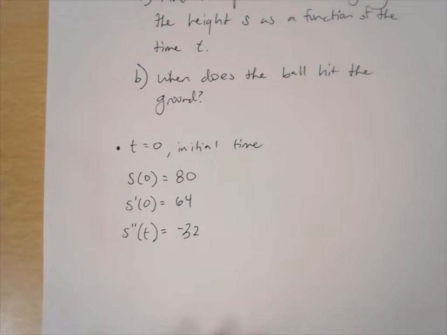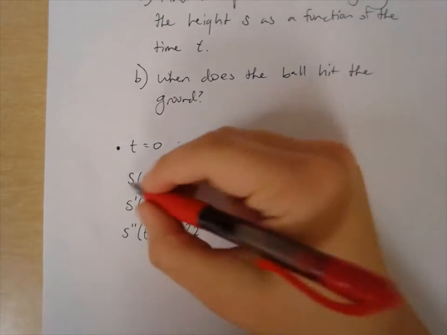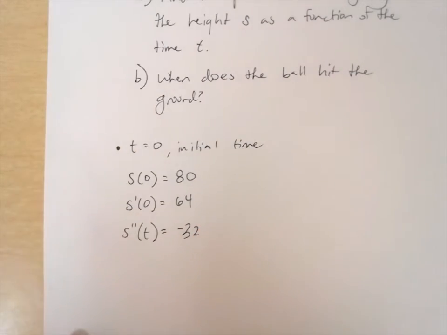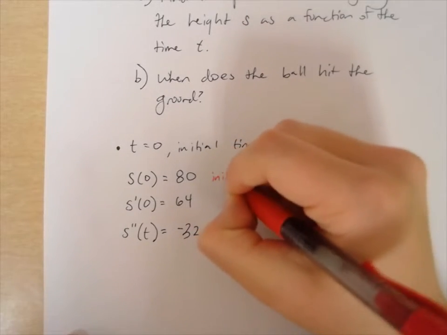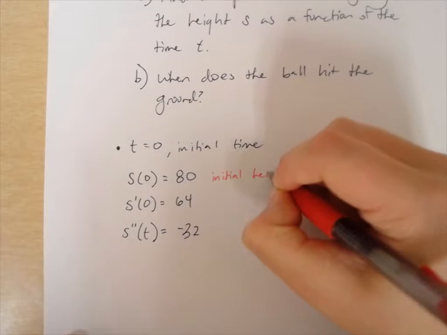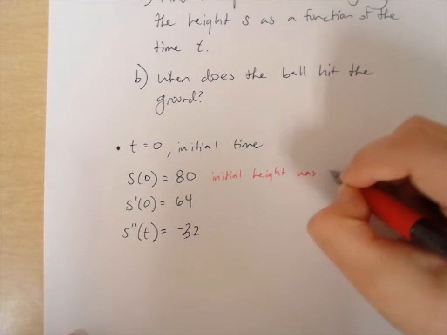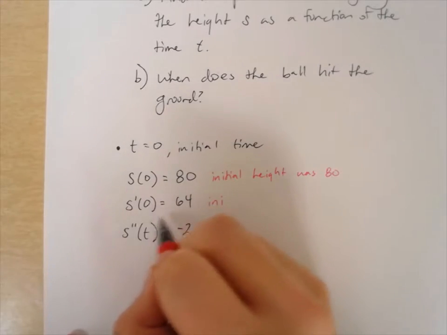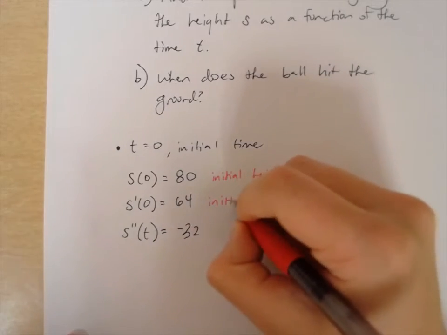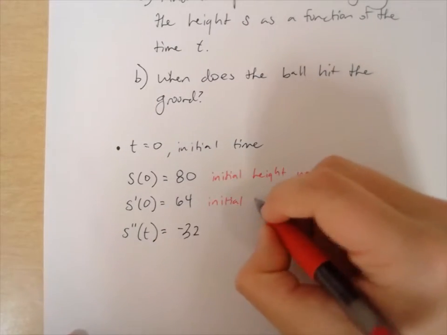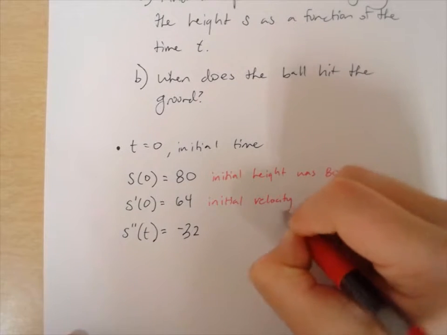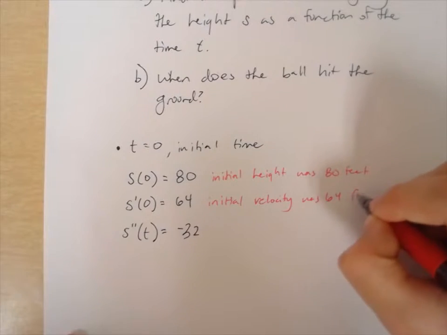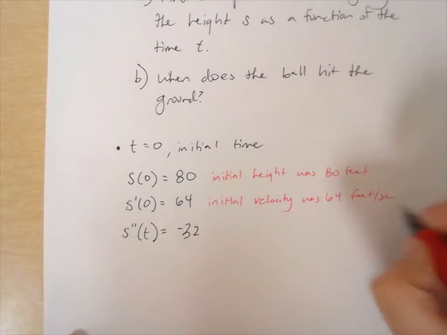So again, I'm going to write out in another color here why we know these things. The position when time is 0 is 80. That's because we knew the initial height was 80. We know s prime, our derivative, our velocity, was 64 because the initial velocity was 64 feet per second.